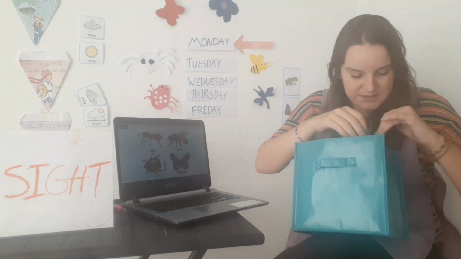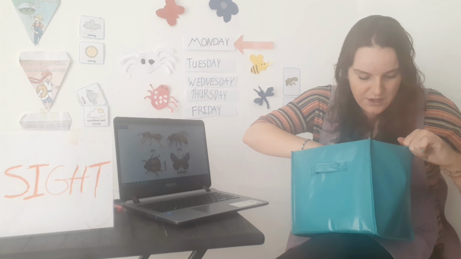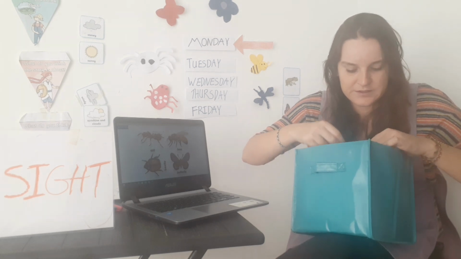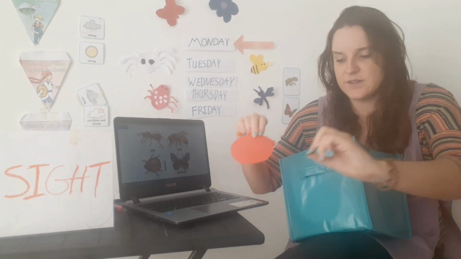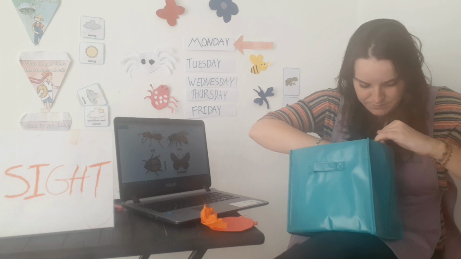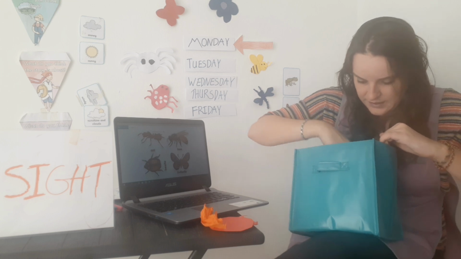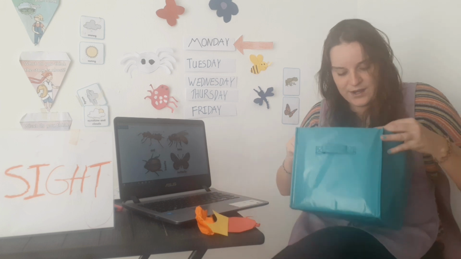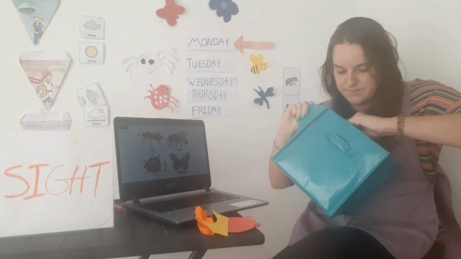Okay, let's go back to my sensory box. Okay, so here I have all different colors. I have green, I have red, I have orange, I have black, I have brown, I have blue, I have yellow. So why do I have so many colors?